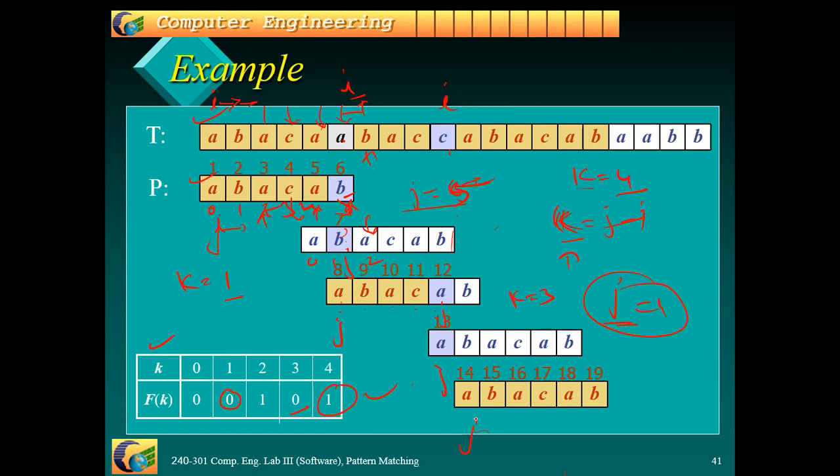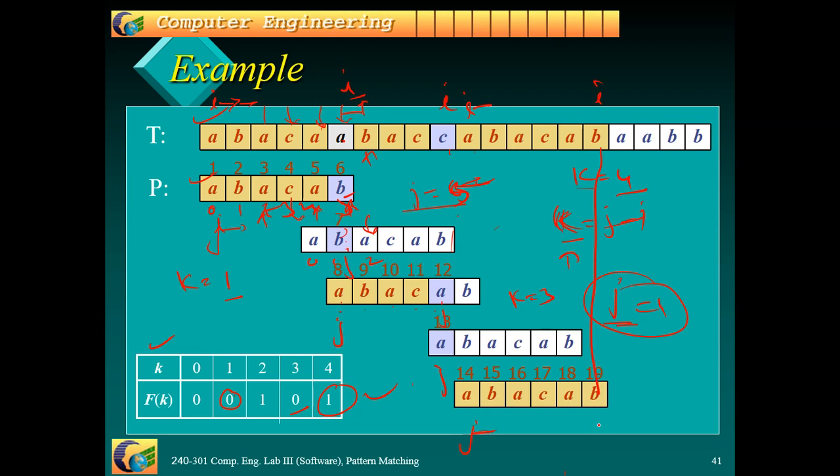Fine. And then you start comparing the characters of the pattern in correspondence to the text. You found there is a match, there is a match. So when there is a match, both are advancing, right? i and j both are advancing here, and you got a match at the last character as well.